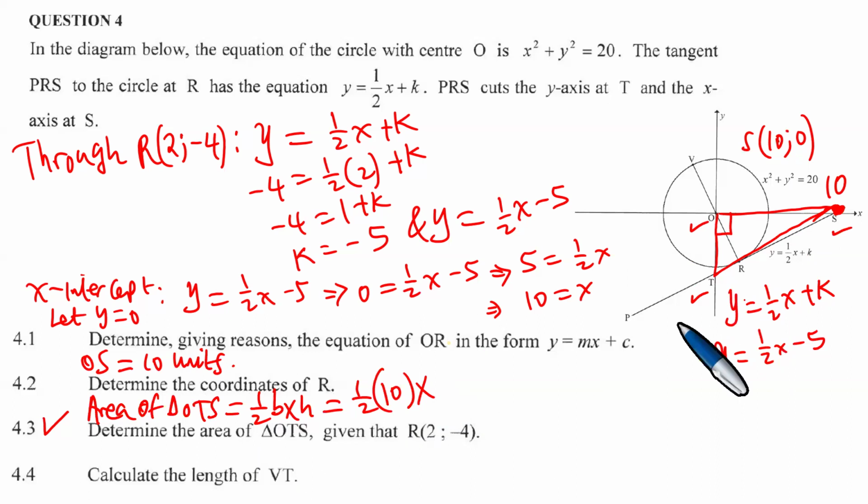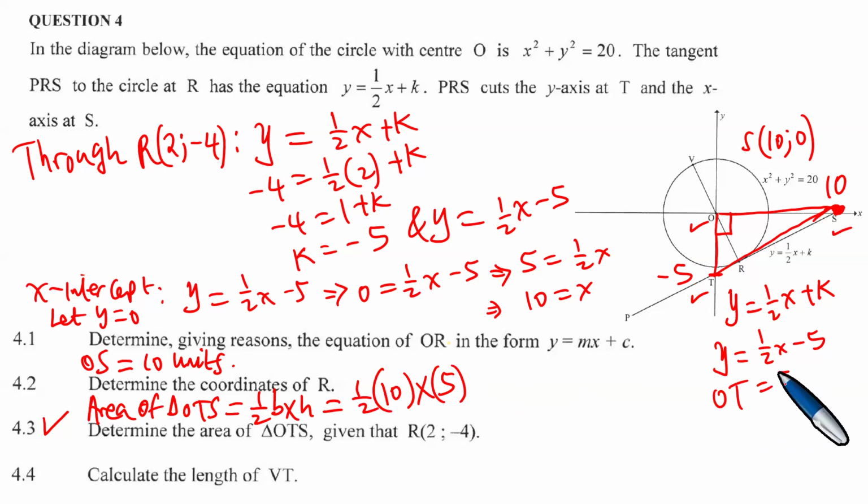We know very well this is the straight line here, and the y-intercept, because it is y equals 1/2 x minus 5, is minus 5. So now OT is 5 units.